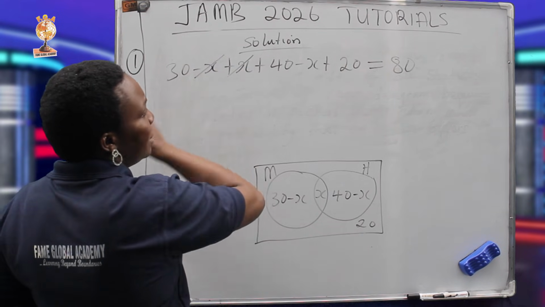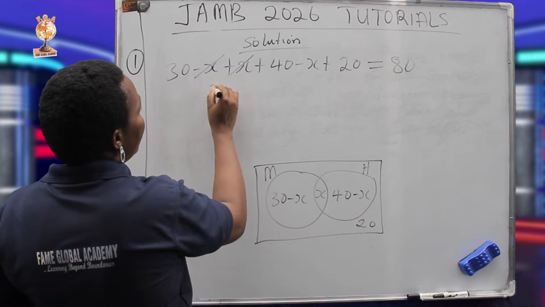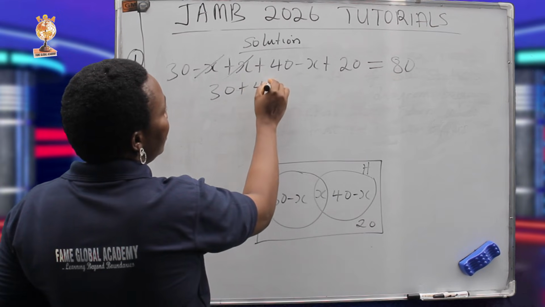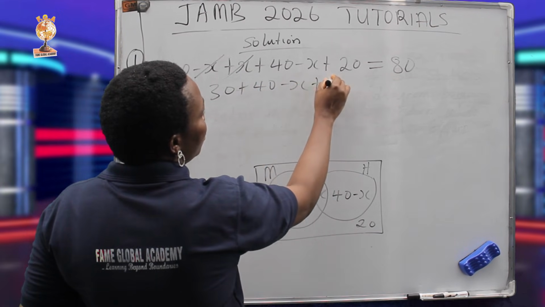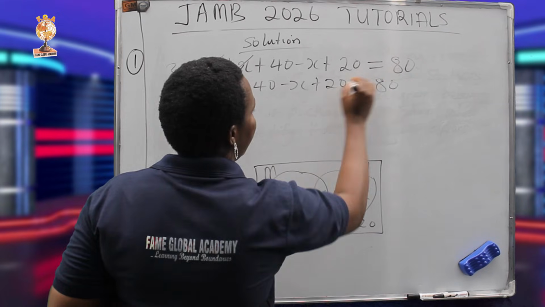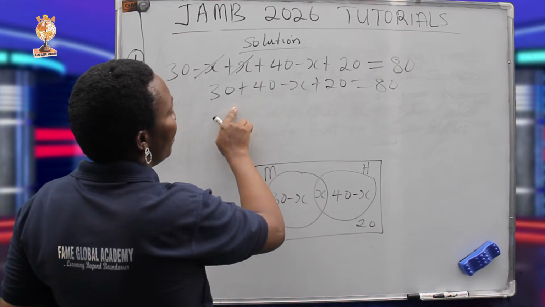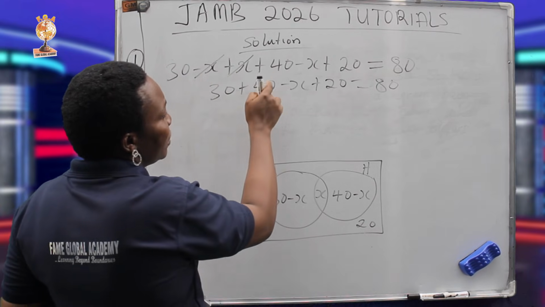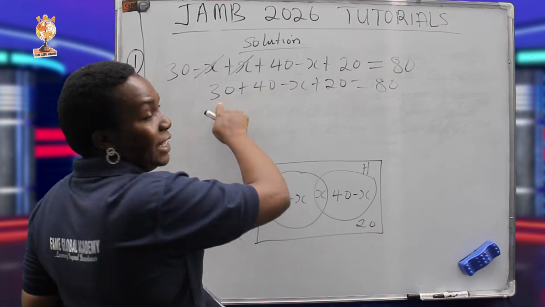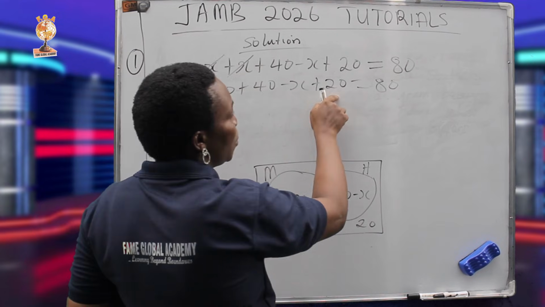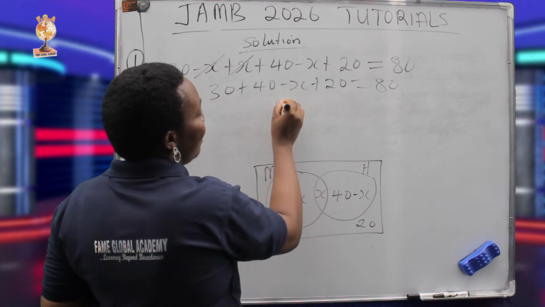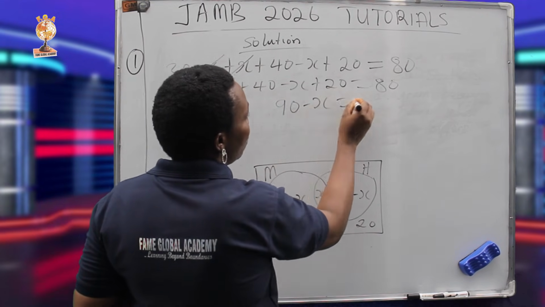So we are having what? 30 plus 40 minus x plus 20 equals to 80. You can add the numbers together. 30 plus 40 is 70. 70 plus 20 will give us 90. So we have 90 minus x equals to 80.